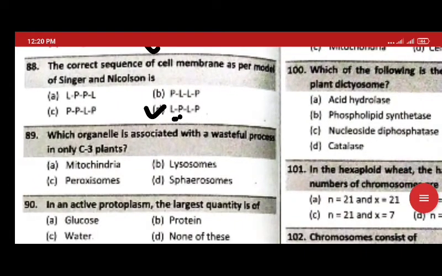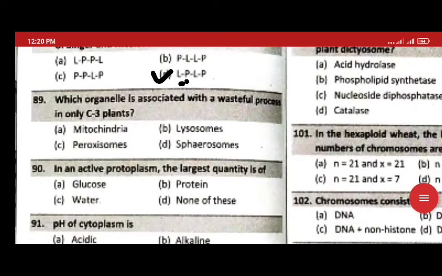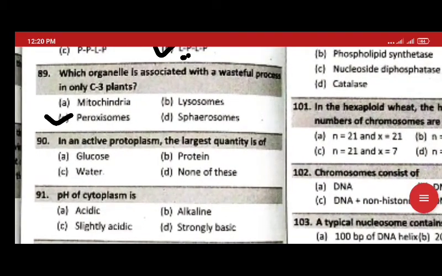Which organelle associated with a wasteful process in only C3 plant? So in C3 plant, wasteful process is peroxisome, because of what? Peroxisome because of only doing what? Only doing photorespiration, means C2 respiration. In an active protoplasm, the largest quantity is of.